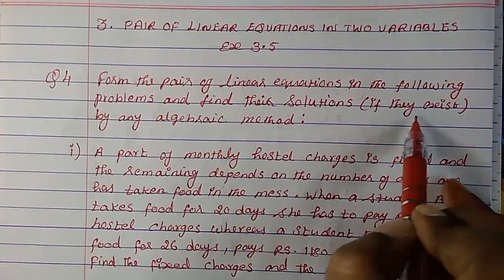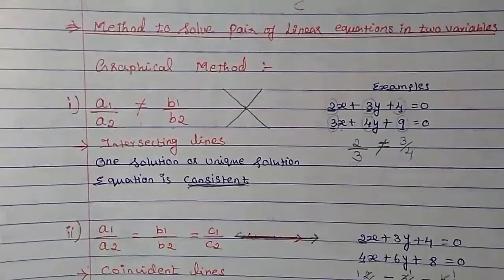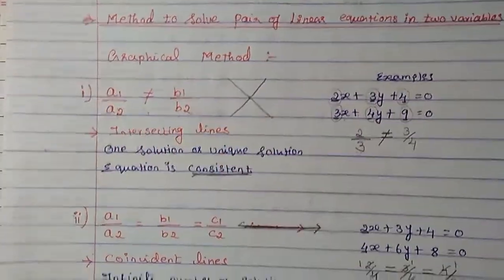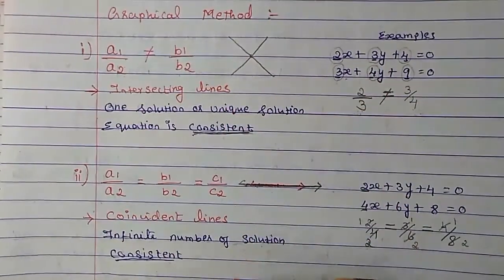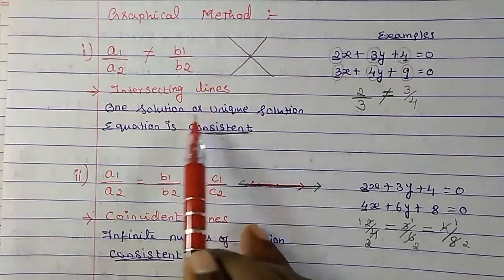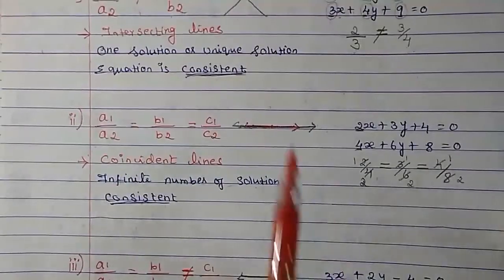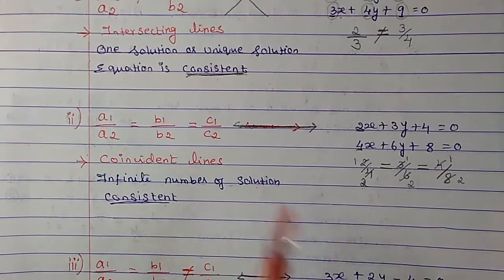And if they exist, meaning, I have explained to you in the introduction part, in graphical method, these are the conditions when we get the two equations. If it is intersecting, that means we will have one solution. And if the graph is coinciding, we will have infinite number of solutions.